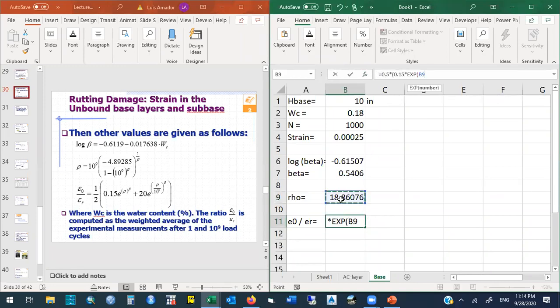So it's rho to the power of beta, plus 20 times exponential of, oops, now this one is rho over 10 to the 9, and then to the power of that.